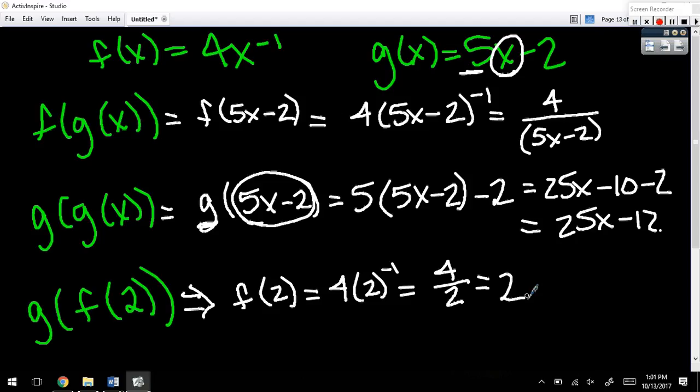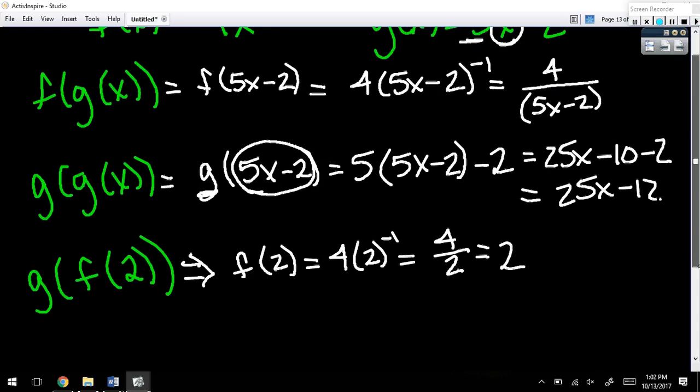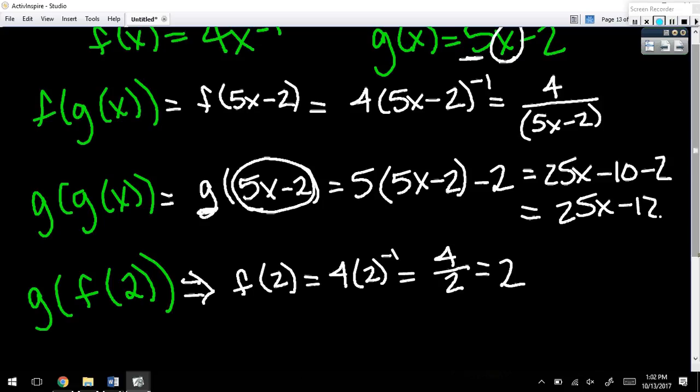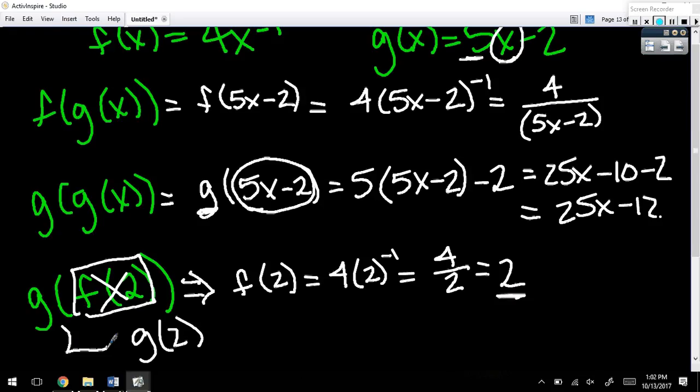Then you plug in 2 for f, but then what is g? So then you plug in 5 times 2 minus 2. I know I can replace with 2 because I know that f of 2 is 2. So now the only question is, what is g of 2? Oh, we already did that.